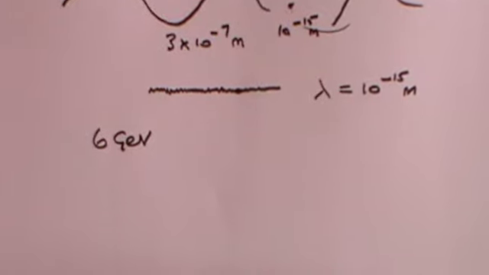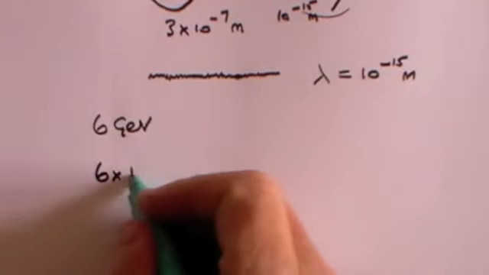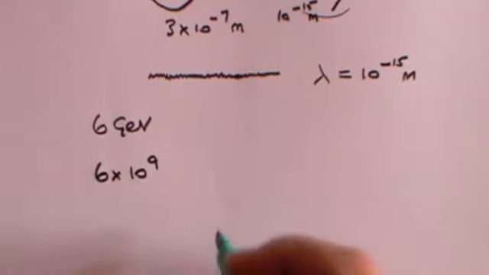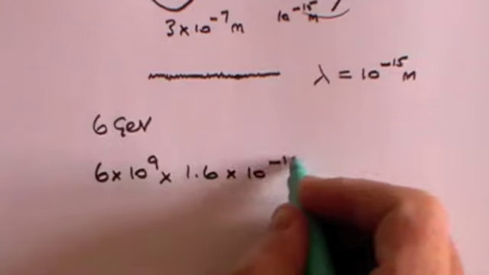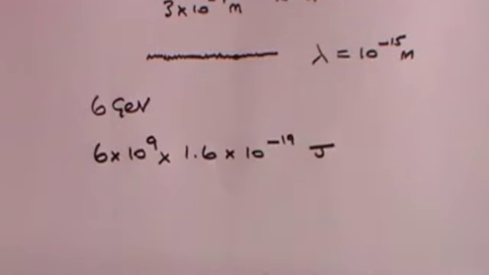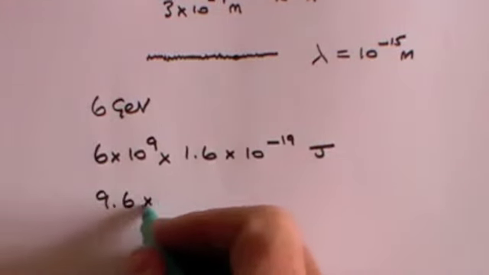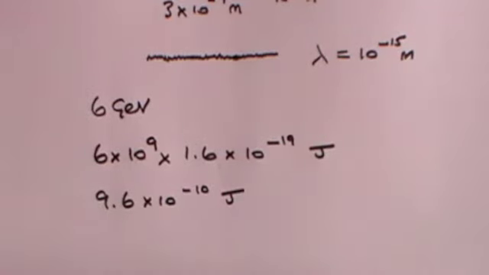Well, let's just convert the energy into joules. 6 GeV will be 6 times 10 to the 9 eV. And then to convert that to joules, we need to multiply by 1.6 times 10 to the minus 19. And that gives you the energy of that electron beam in joules, and that reduces to 9.6 times 10 to the minus 10 joules.